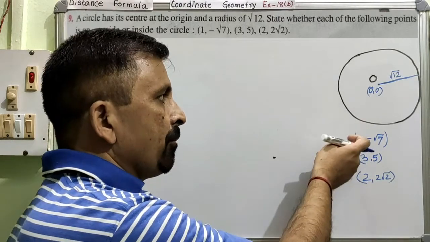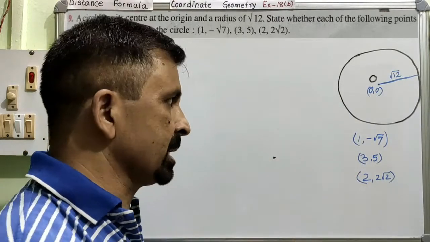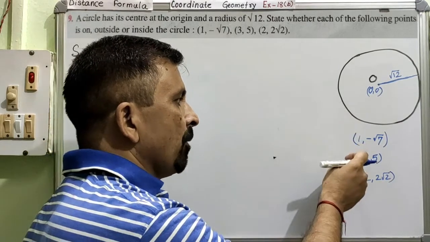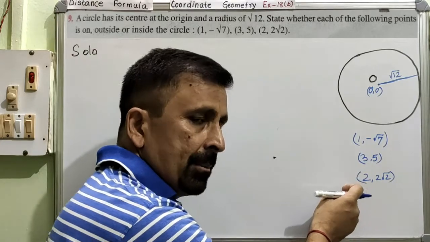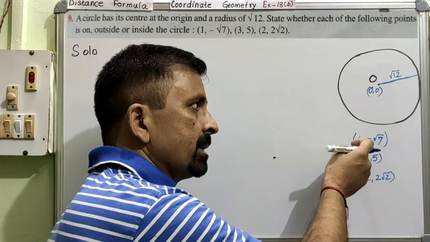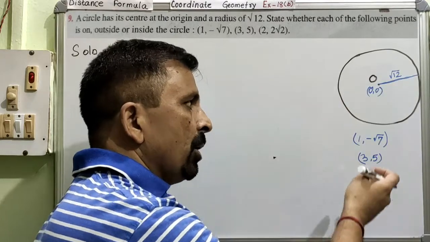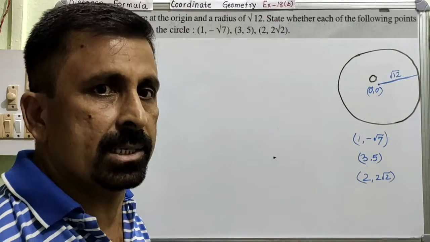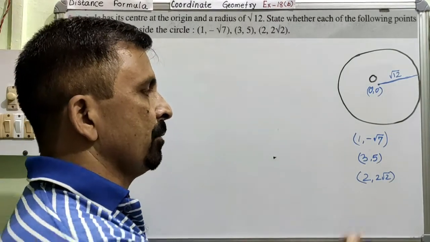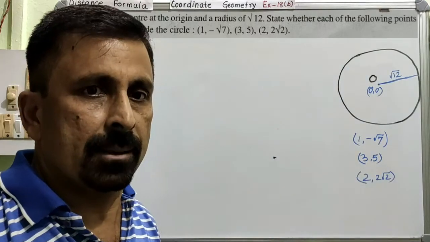Using the distance formula, we have to find where they are situated, whether the point is inside the circle, on the circle, or outside the circle.